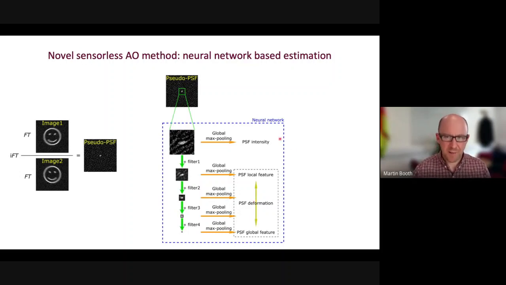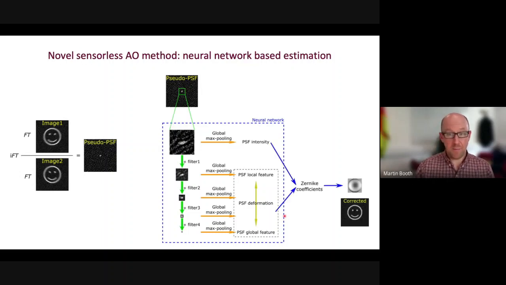Roughly speaking, the processes we're using allow us to go from global features of the image down to local features, the image here being this pseudo PSF. Although there's not a perfect correspondence, if we have different convolutions going on here, we can relate this to the scales within the original images, and therefore mimic the idea we had in the Wavelet transforms, where we can access different scales of the images. And then we pass it through this specially designed neural network to estimate the Zernike coefficients of the input.